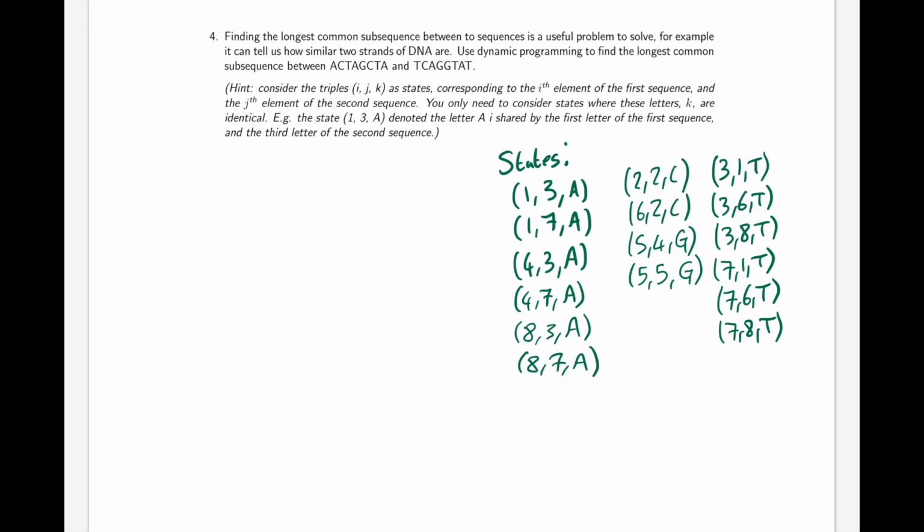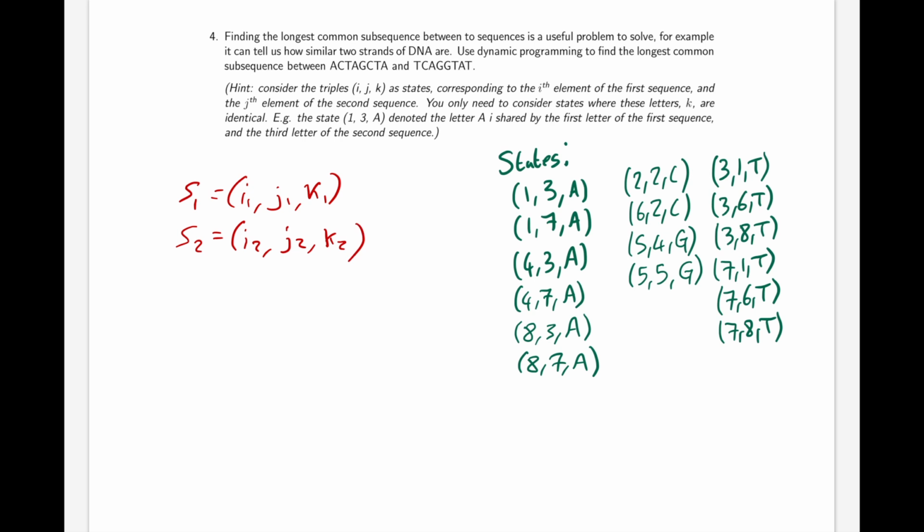Each state represents a position, a letter and a position in our common subsequence, and one can only precede another if their positions in the original sequences precede each other. So for example, S1 and S2.